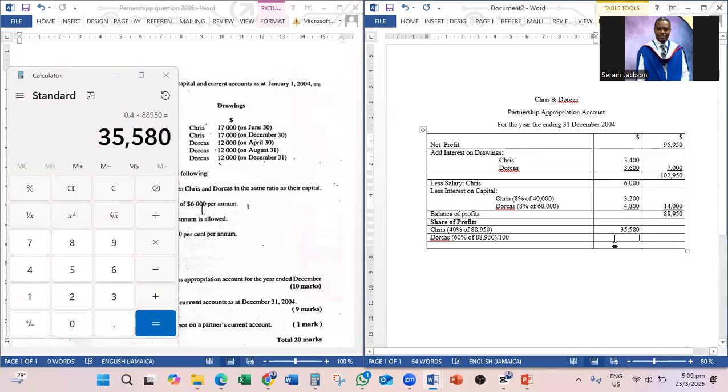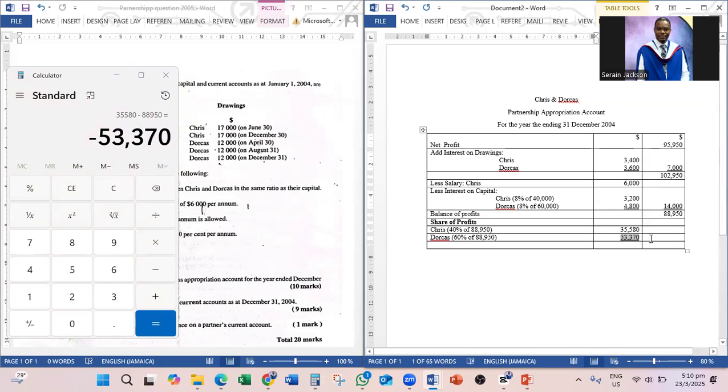We could calculate Dorcas's own, or because it's two of them, we could simply subtract it: 88,950 minus 35,580 equals 53,370.